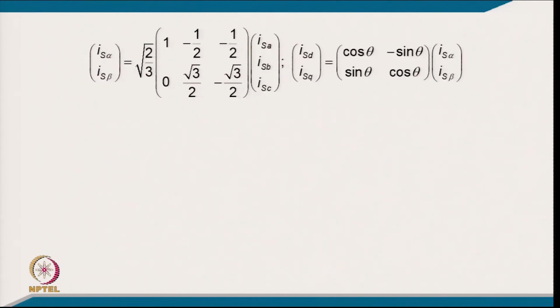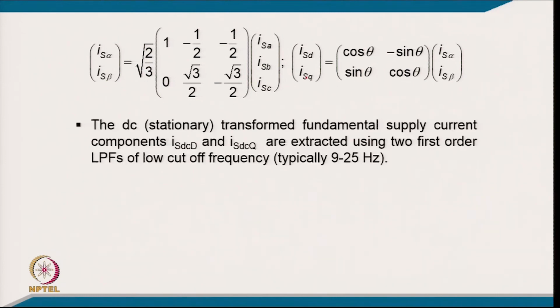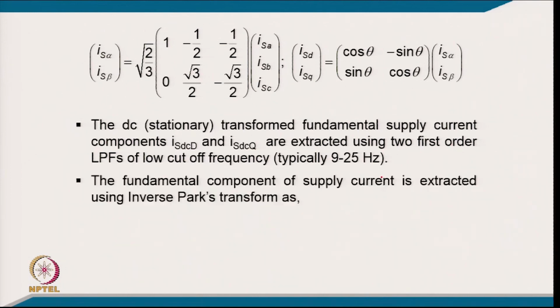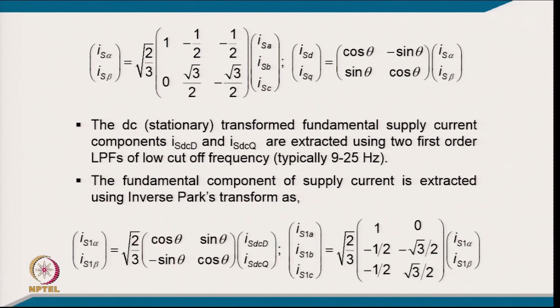So, here we are transforming the supply current into alpha beta and from alpha beta to DQ using the Park transformation, and the DC component of the transformed supply current is extracted using two low pass filters with a cutoff frequency of around 9 to 25 hertz, and the fundamental of the supply current is extracted using the inverse Park transformation. So, we get from DQ to alpha beta, the fundamental alpha beta, and from alpha beta to the 3 phase fundamental current.